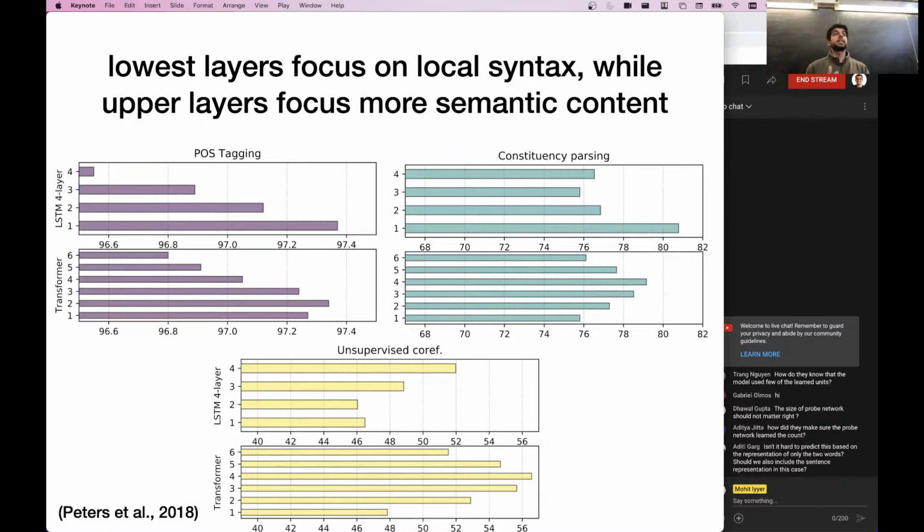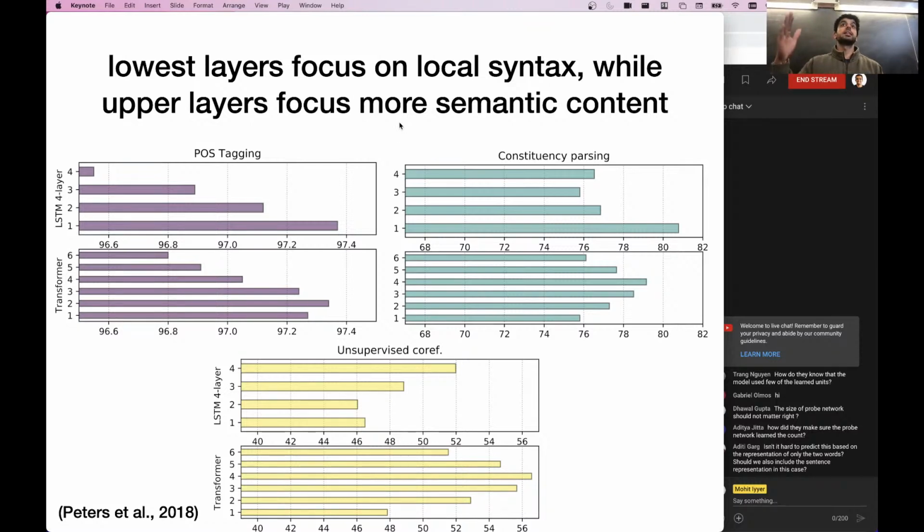And in general, the takeaway from a vast body of work on linguistic probing is that the lower layers, the ones closest to the word embeddings, focus more on local syntax, which makes sense, right? They have not yet had the opportunity to do a lot of contextualization over the entire input.